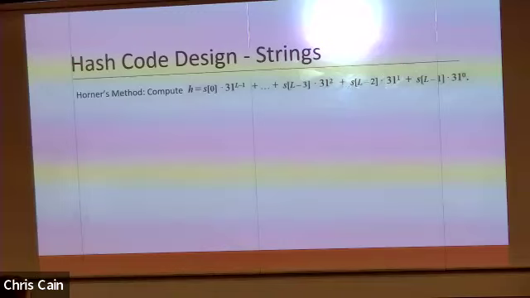S of 0 is the first character in the string. You're going to multiply it by 31 to the power of the length of the string minus 1. Then you're going to add that to S of 1 times 31 to the L minus 2. And you continue that for every character in the string until you get down to the last character, which you multiply by 31 to the 0, which is just 1. And each one of those characters' values is the ASCII code value of that character.